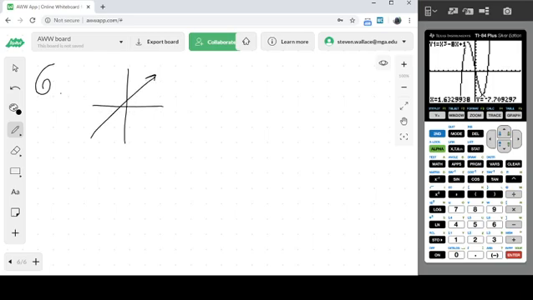Here's an example of a polynomial of degree 1. Here's one of degree 2. Right? A linear function is a degree 1 polynomial. A quadratic function that has a parabola as its graph has degree 2.